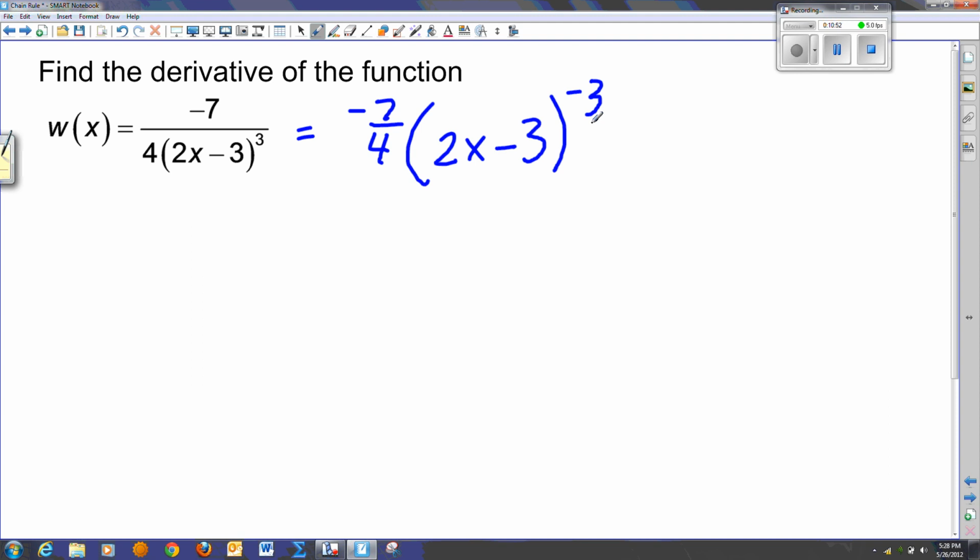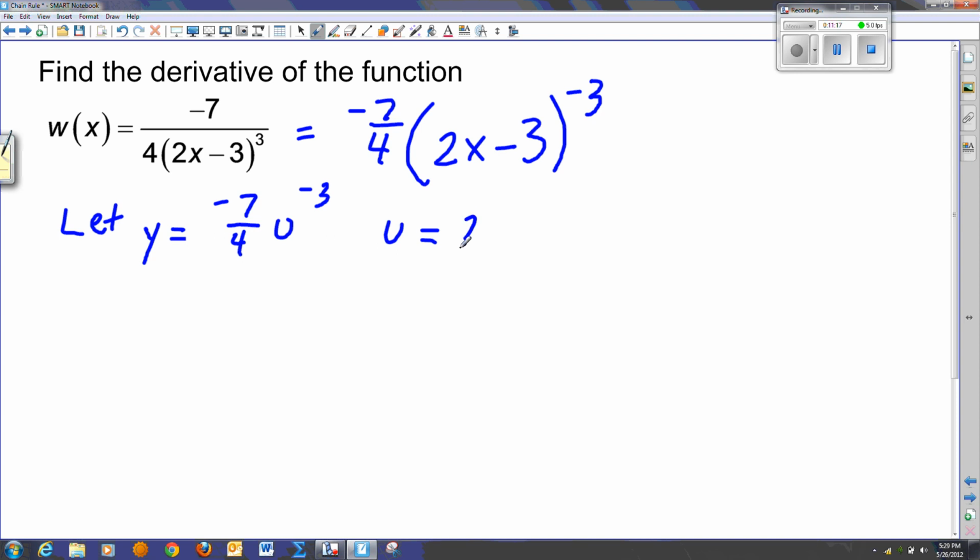So now when we make our substitution, we do the following. We're going to let y equal -7 over 4 u to the -3rd power, because that's like the outside function, if you will. All right? And then u will equal whatever's on the inside.